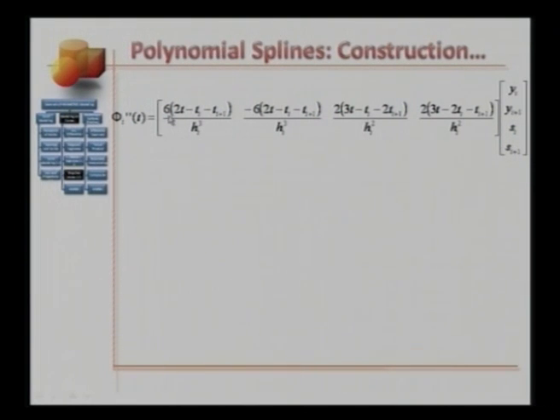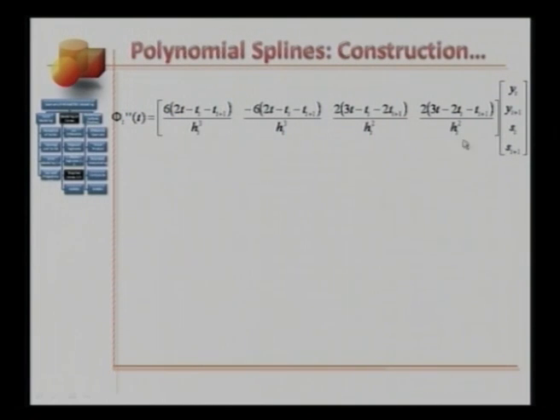written as 6 times 2t minus ti plus 1 over hi cube, minus 6 times 2t minus ti plus 1 over hi cube, 2 times 3t minus ti minus 2ti plus 1 over hi squared, and 2 times 3t minus 2ti minus ti plus 1 over hi squared.